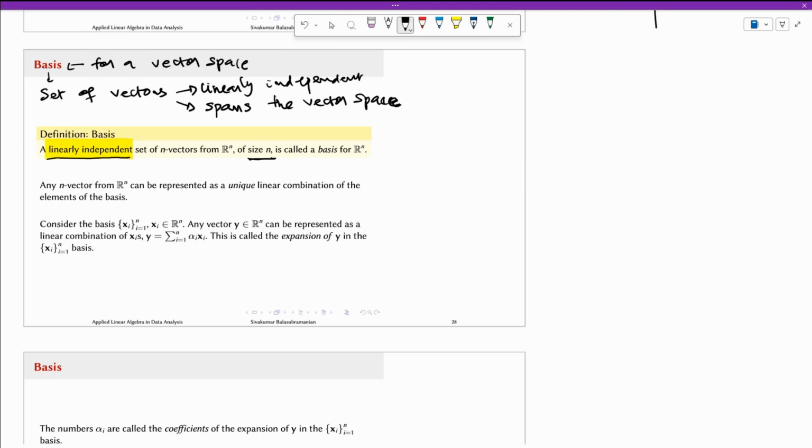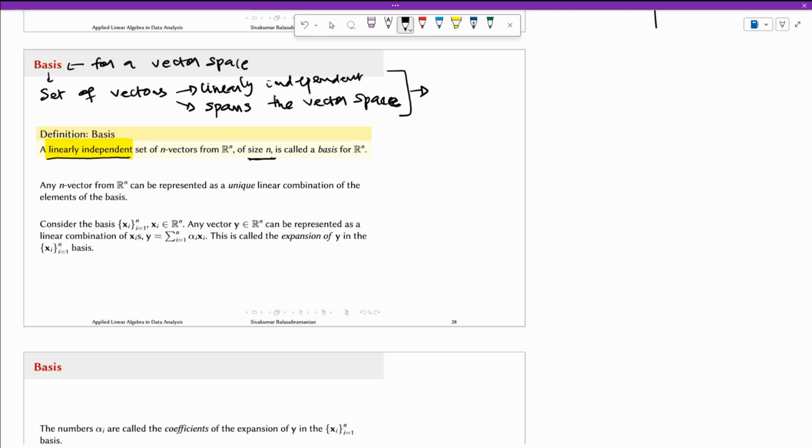Okay? So your basis essentially now allows you to generate any element in your original vector space. And because it's linearly independent, it allows you to produce each element in your original vector space in a unique manner. That means there is only one way you can produce a particular vector from your Rn.